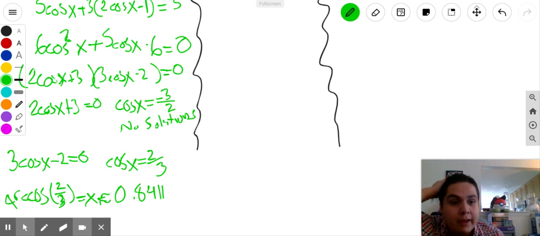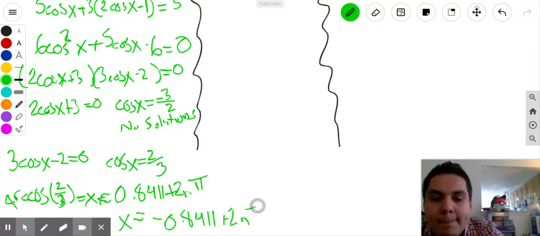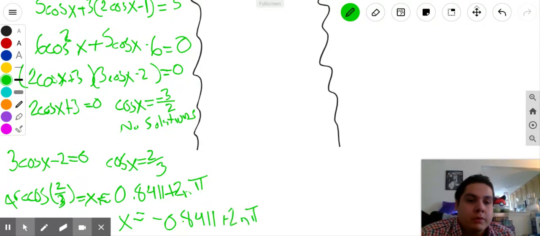Because I don't have an interval that I'm trying to find answers within, I just leave that and generalize my answer, plus 2n pi. Or I could say that x should equal about negative 0.8411 plus 2n pi. And so that's it for that first problem.